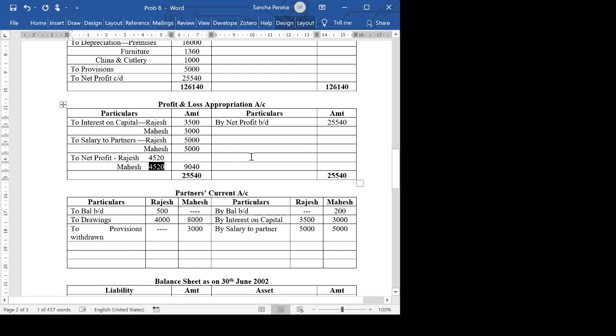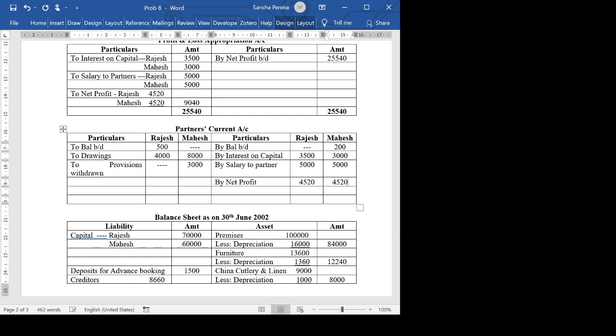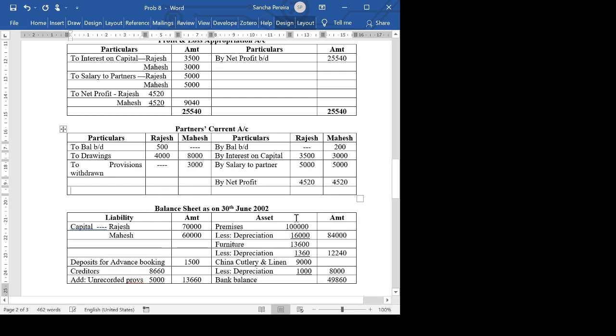That comes to 9,040. So this is also the net profit that they are earning. So bring down the net profit here, 4,520. And that will give you the new balance carried down, the new current account balances after making all these adjustments.